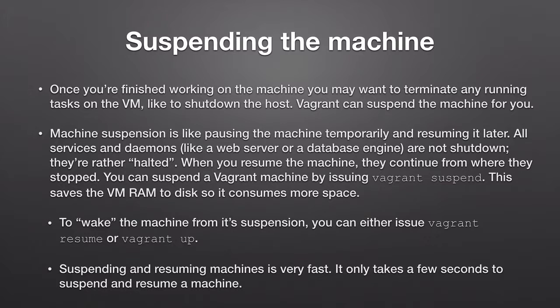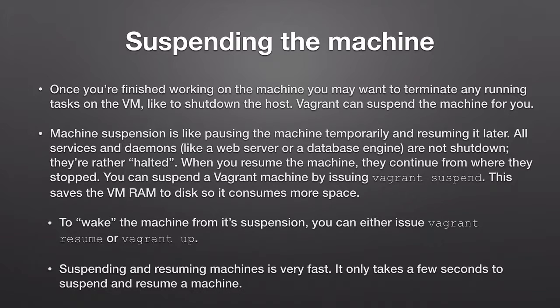Just as the name suggests, it's going to suspend everything that has been working in the machine. Any daemons, any services that are running will just be paused for as long as you want to suspend the machine, and they will be resumed once you resume the machine. So if you have, for example, a MySQL service running, an Apache web server running, or any other services that are running in the background, and you issue a Vagrant suspend command, this is the command that suspends the machine, Vagrant suspend, those services will not be shut down, they will just be paused for the duration along which this machine will be suspended.